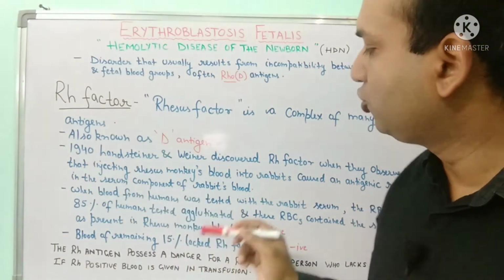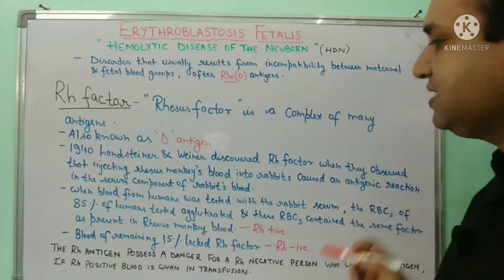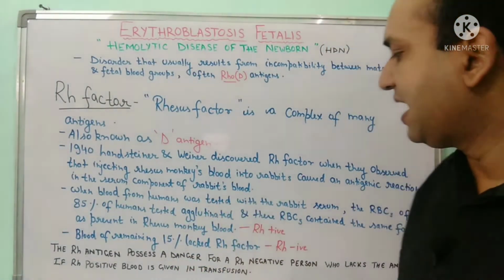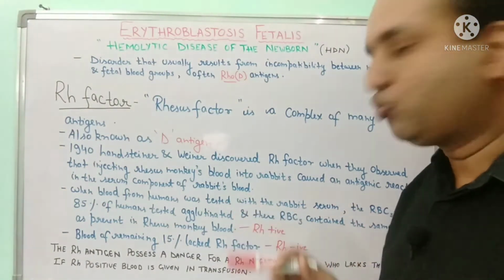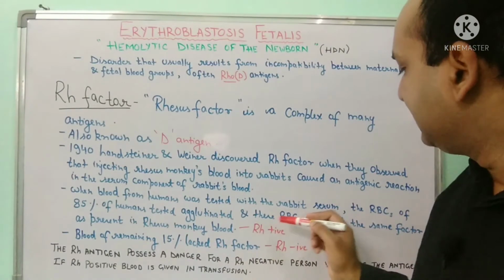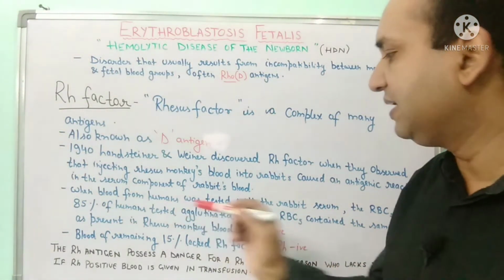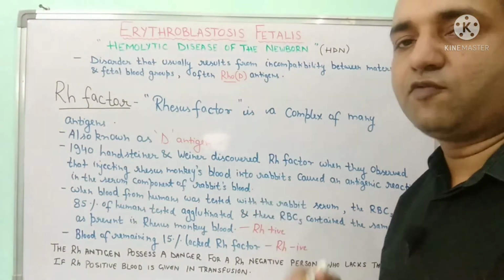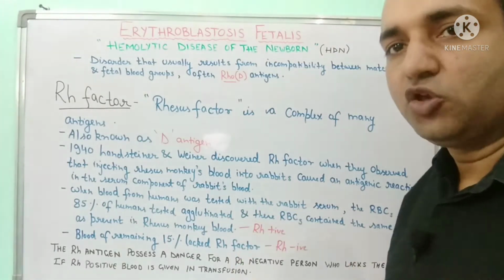When human blood was tested with the rabbit serum, the RBCs of about 85% of the humans tested agglutinated, which means clumped together. These RBCs contained the same factor as present in the rhesus monkey's blood.